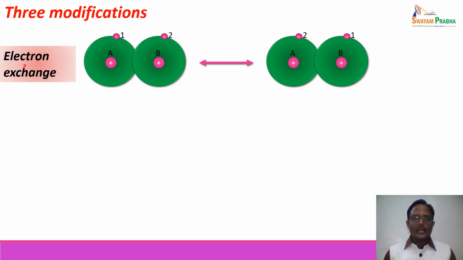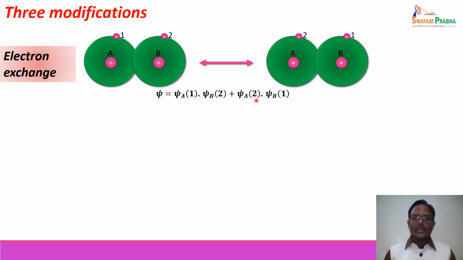This is called the electron exchange process, and the wave function for this can be given as psi equal to psi A1 into psi B2 plus psi A2 into psi B1. This is the resultant wave function where the electrons are exchanged.